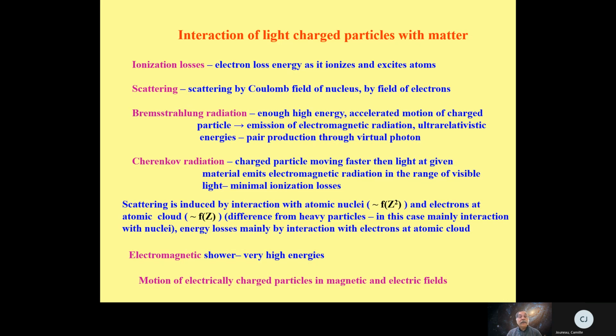And fourth, it's Cherenkov radiation. Cherenkov radiation is radiation emitted by a charged particle which is moving faster than light in the given material. In this case, the radiation is again electromagnetic, but the wavelength is in the range of visible light.